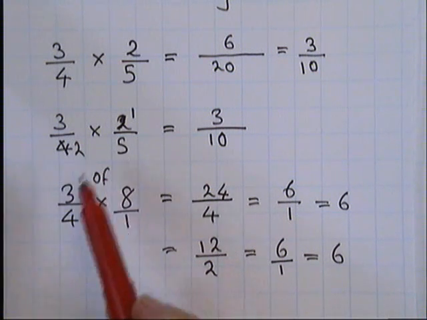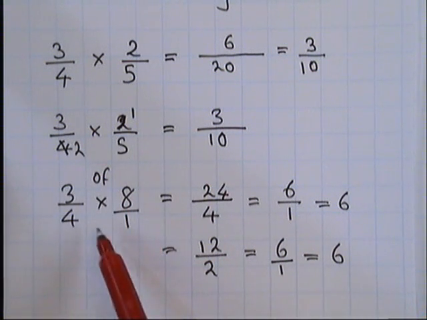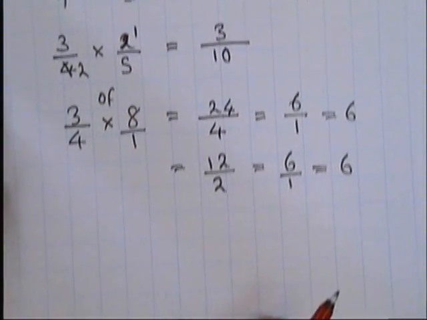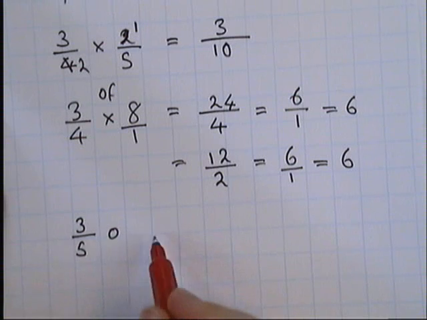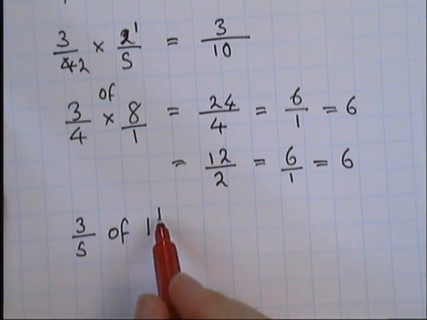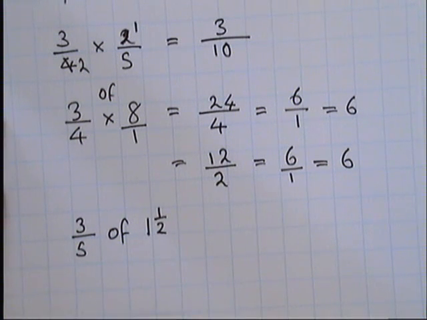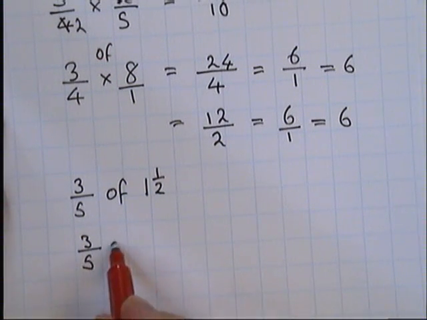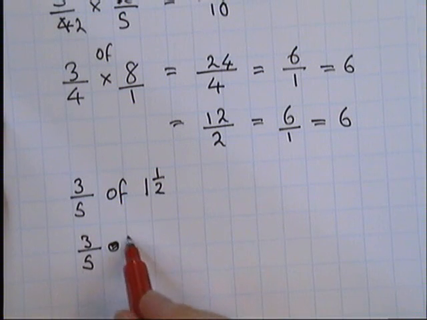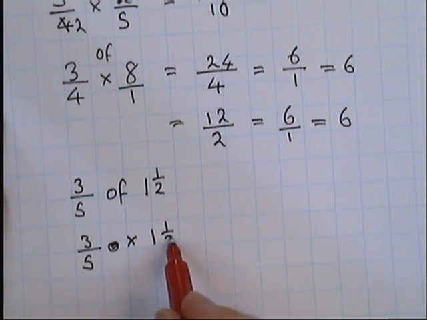So another key point there that I glossed over is the word of. If in a question you are asked for 3/5 of 1.5, what they're trying to say is the same as 3/5 multiplied by 1.5.